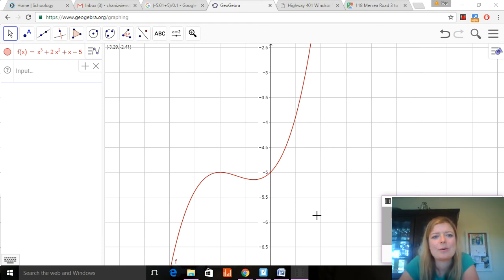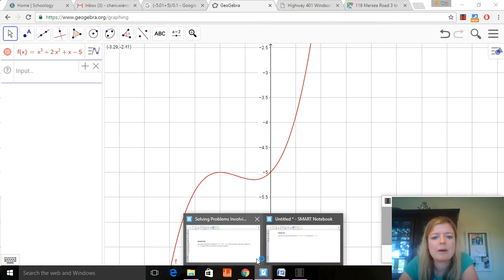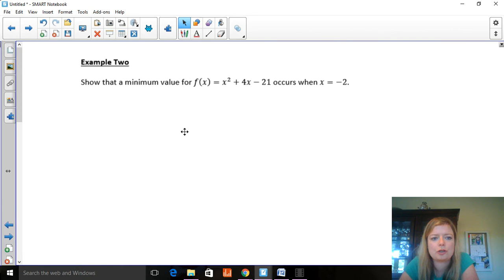Hi everybody. So now I'm going to continue these examples for solving problems involving instantaneous rate of change. So we're going to start with example 2, and this function is a quadratic, something we're used to dealing with, but I'm going to show you a different way of actually solving this problem that is a little bit advanced.